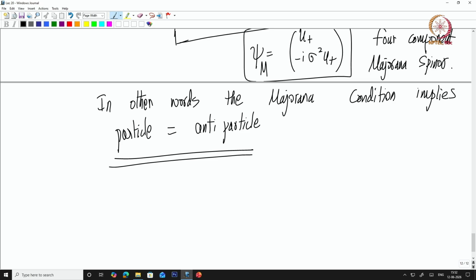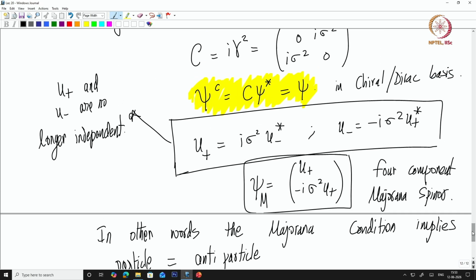Now, you can write directly in terms of the Majorana spinors, which are 2-component real spinors, or you can write in terms of the Weyl spinors, the same matrix, which will give you 4-component Majorana spinors, in which the u minus part is no longer independent but is given in terms of u plus itself. Maybe there is a star missing.